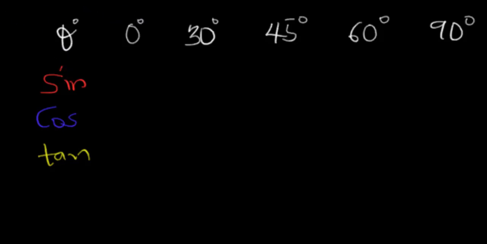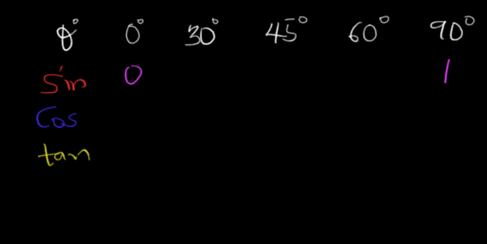I just use this simple method to remind myself in an examination if I happen to forget them. First I remind myself that the sine of 0 degrees is 0, but sine 90 is 1. These are the two things that I always remember.